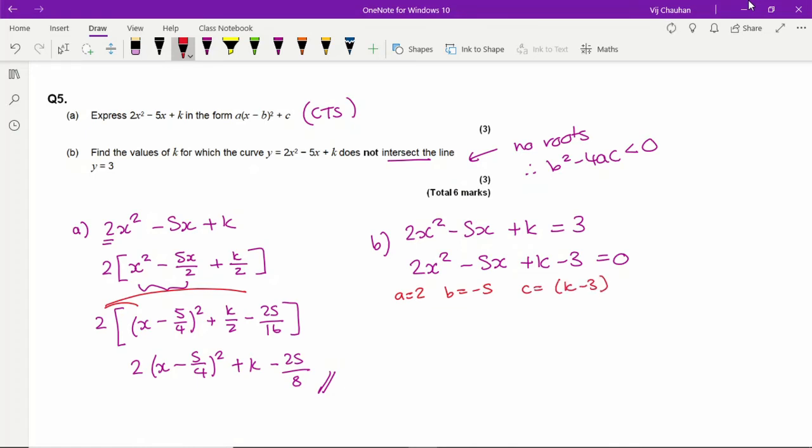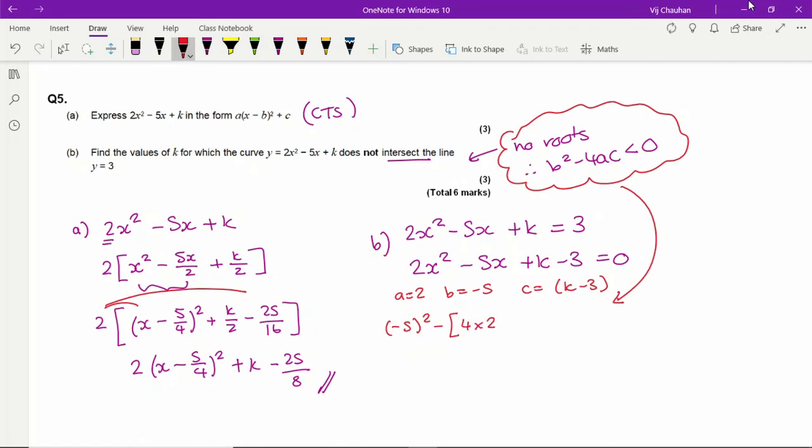So using that notion of having no roots, and b squared minus 4ac is less than 0, which is worth writing down at this stage, we can then substitute the numbers in. So we've got (minus 5) squared minus 4 times 2 times (k minus 3), and again that's less than 0. Making sure that we always include the less than 0 because obviously it's part of the actual proof.